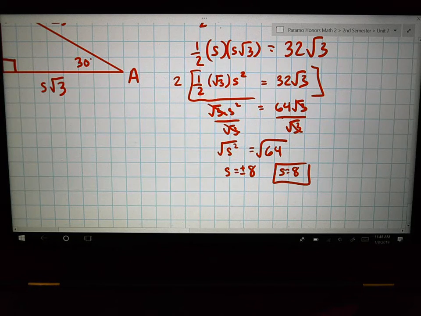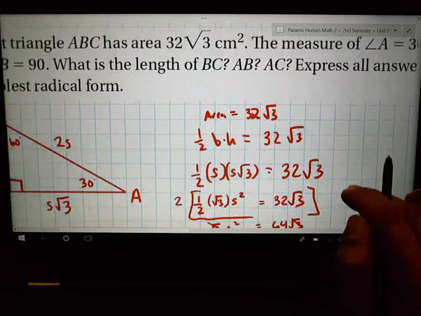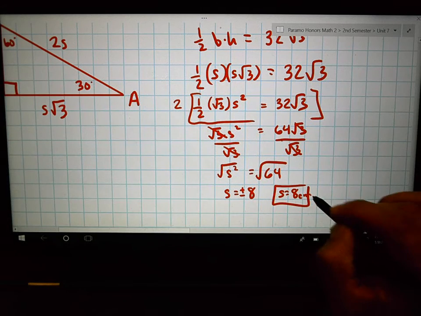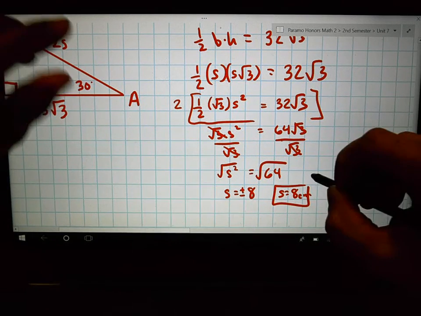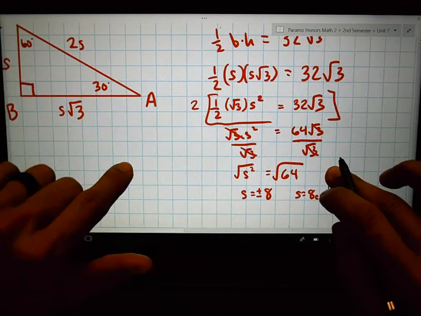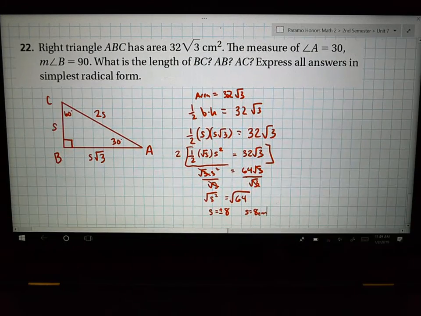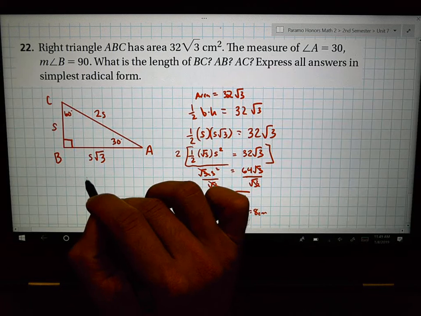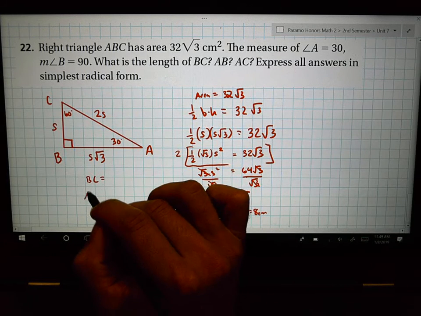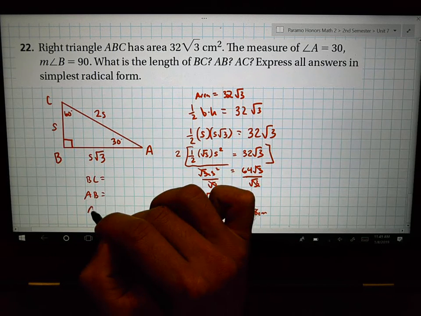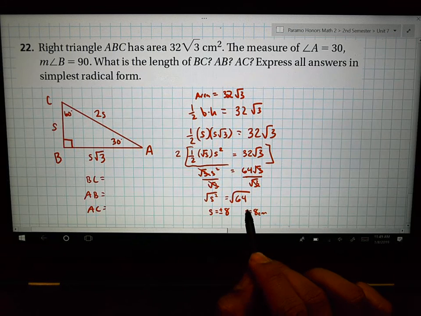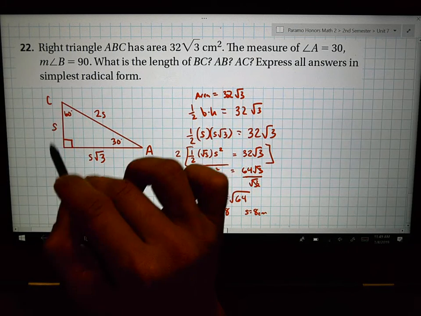Now, what is it, centimeters? So what are we dealing with there? Centimeters. Oh, and I probably shouldn't put a box around that because that's not what the question asked, Mr. Paramu. Always go back. It asks, what's BC? What's AB? What's AC? And once you know what S is, now you know what BC is.